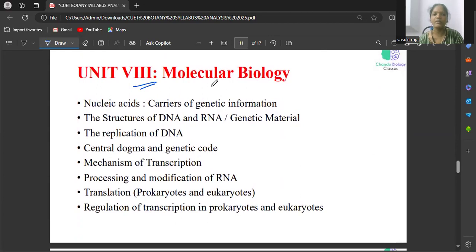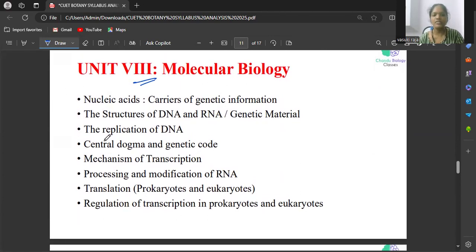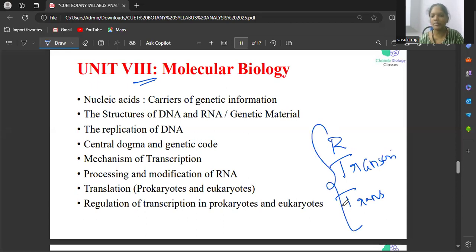Unit 8, molecular biology. In molecular biology, we definitely have to study replication, transcription, and translation. These three things are mandatory. For replication, how it happens in eukaryotes and how it happens in prokaryotes. In the same way, for transcription and translation, we have to study how it happens in eukaryotes and prokaryotes.